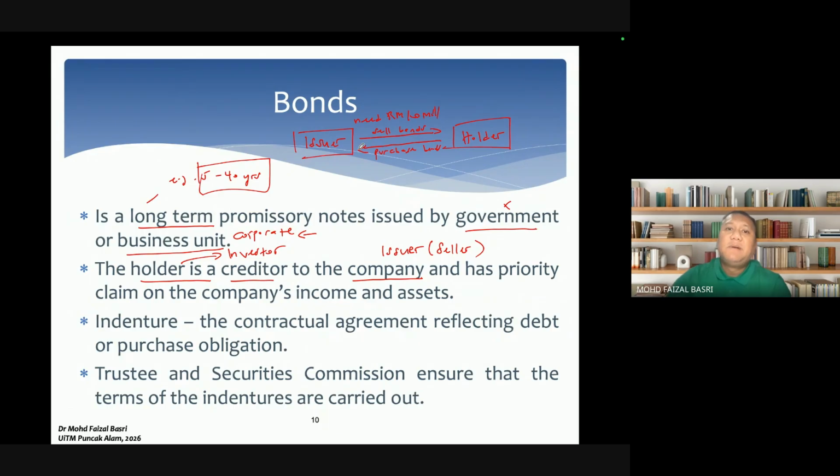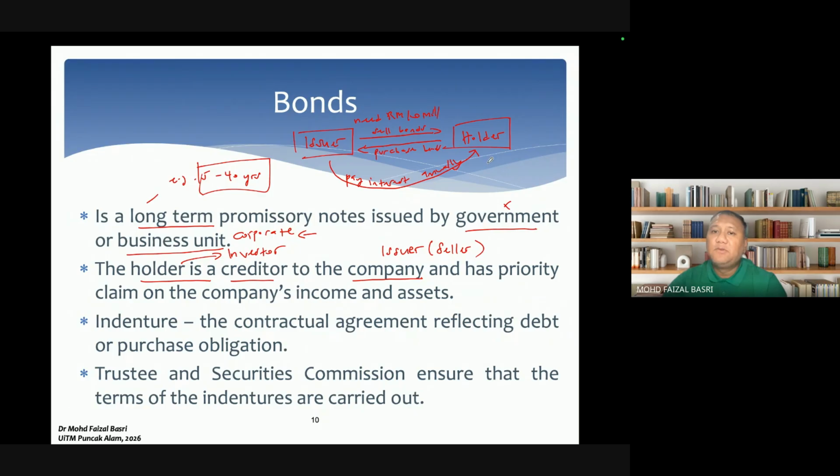Right. But what happen between now sampai dia mature? Takkan holder bagi duit hari ni, lepas tu dia tak dapat apa-apa kan? So the issuer, okay, in the meantime before the maturity, they have to pay interest annually to the holder.